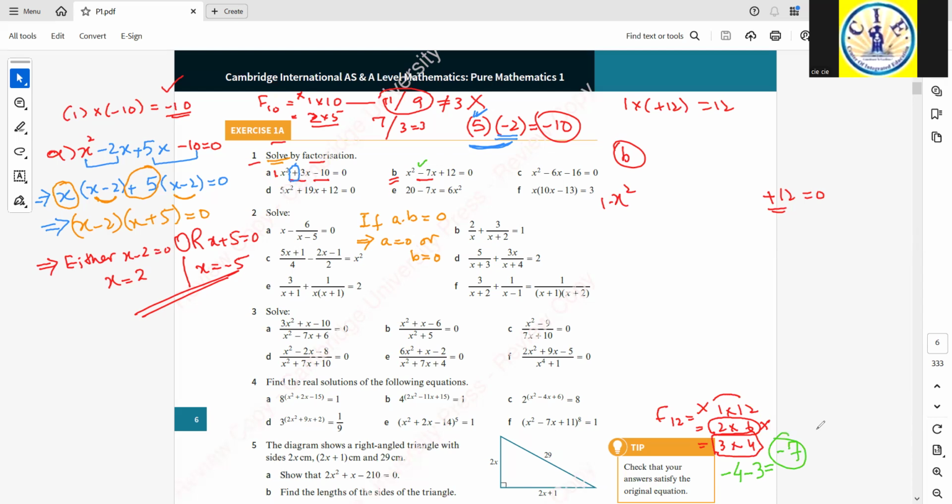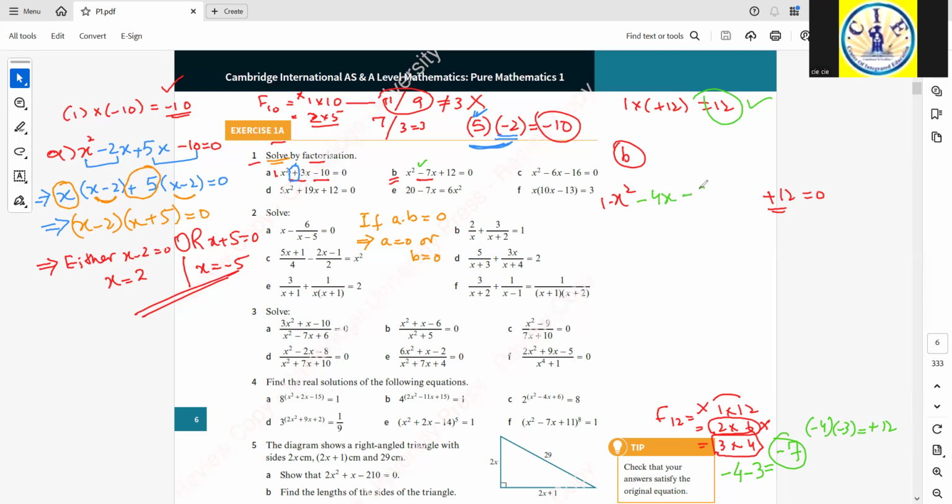And what about their product? Negative 4 times negative 3. That will give me positive 12. Yes, I can have both the conditions fulfilled. So my choice of the factors is negative 4 and negative 3.